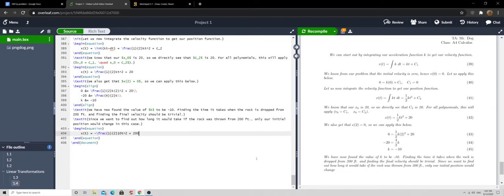Since our new initial position is 200, now we want to find what our time is when height is 0. Okay? So that's the plan.